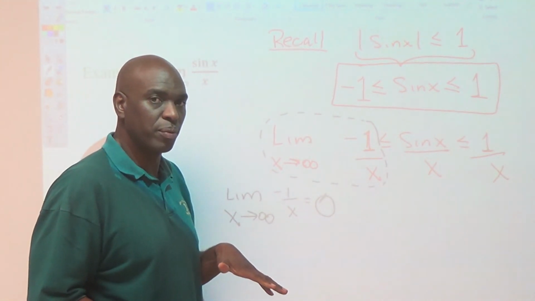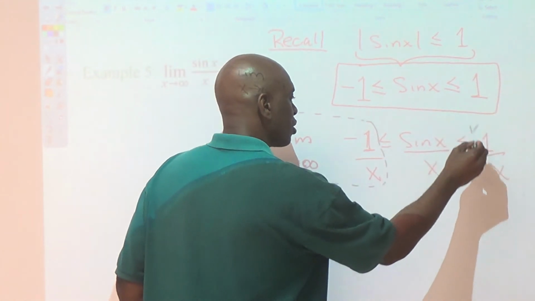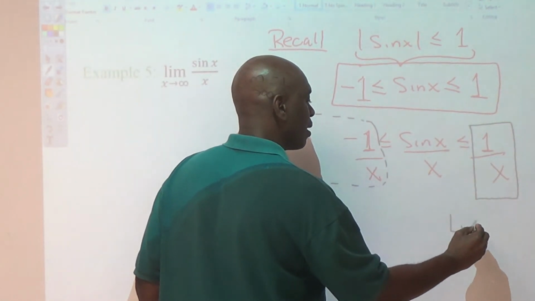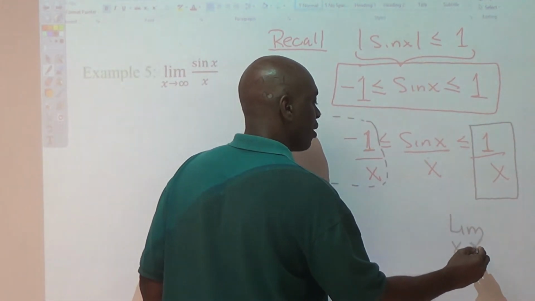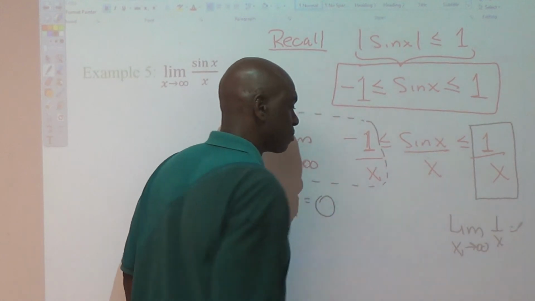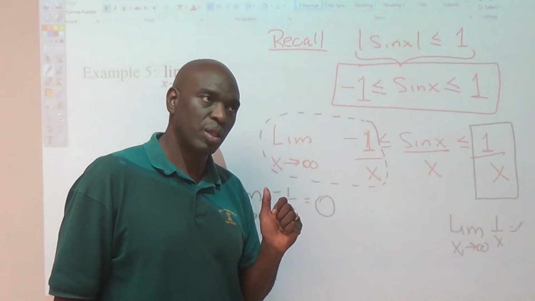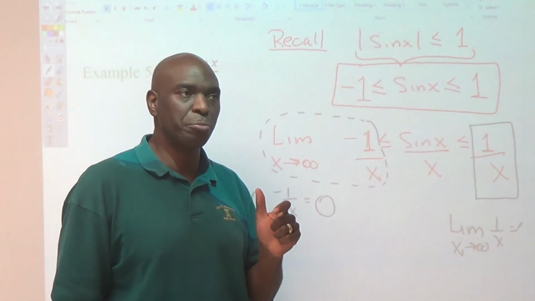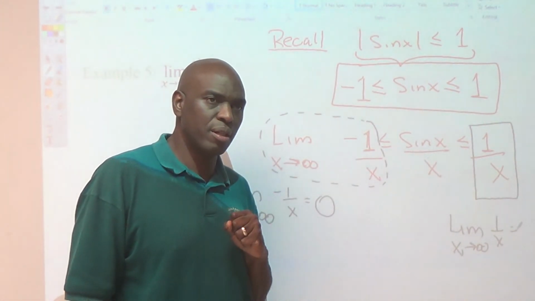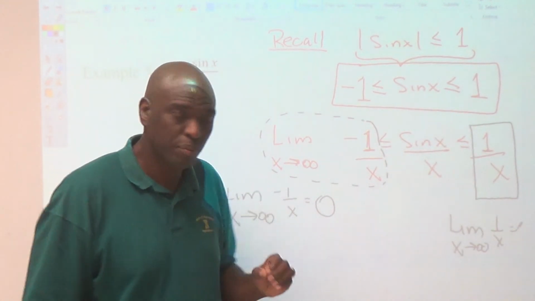We got that. Now jump to the other side. What's the limit as x gets very large of 1 over x? 1 over a large number, what is that close to? 1 over a billion approaches and is very close to what value? 0.